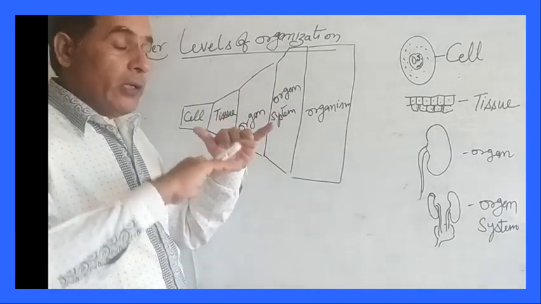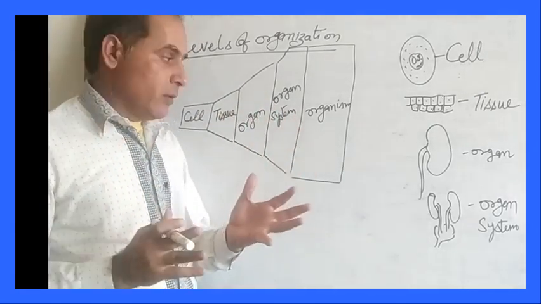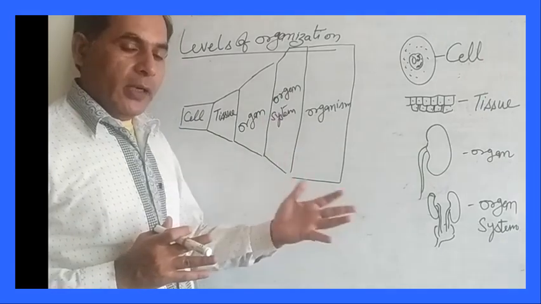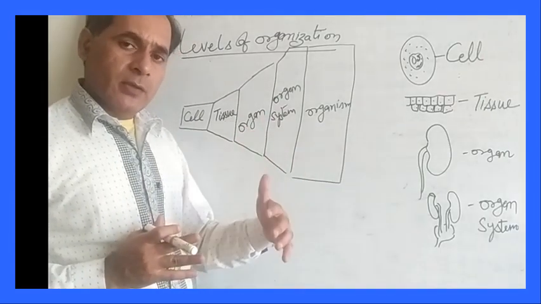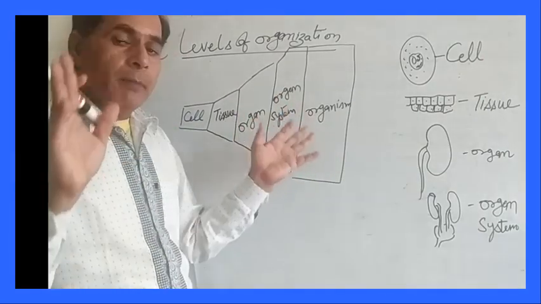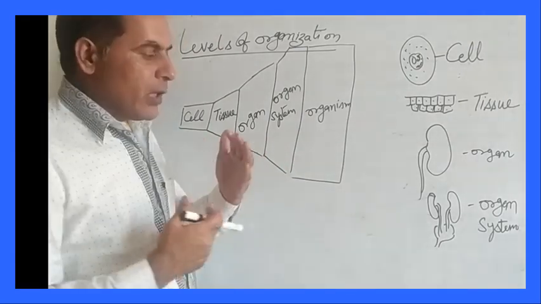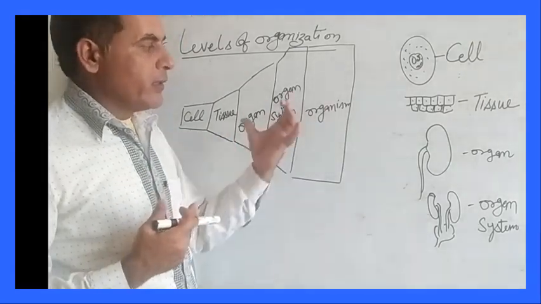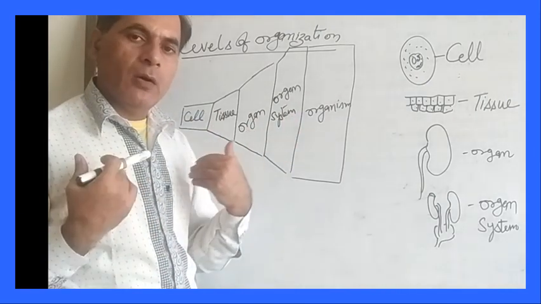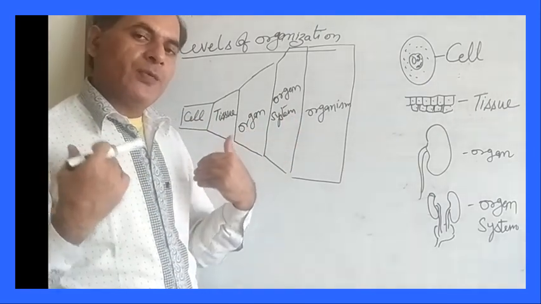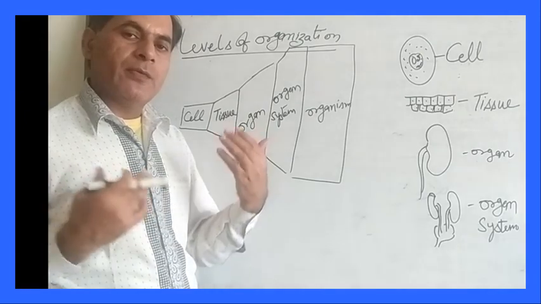Finally, many organ systems combined together: kidney, liver, heart, nervous system, digestive system, respiratory system, many systems combined together, and they form an organism like a human being. We are organisms because we are made up of different kinds of systems. We have many systems in our body.